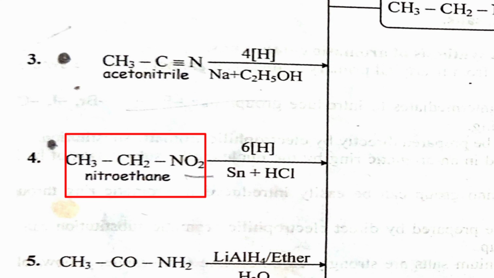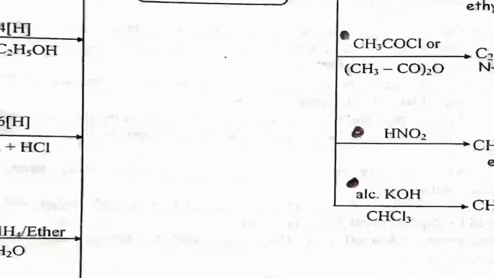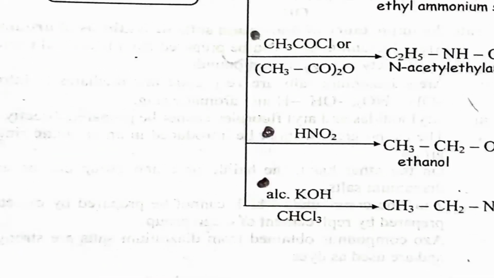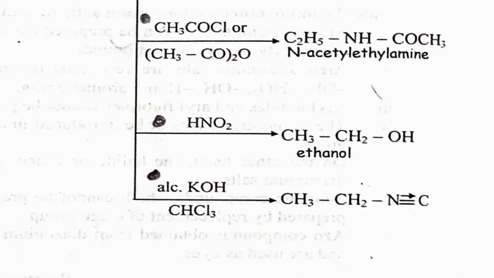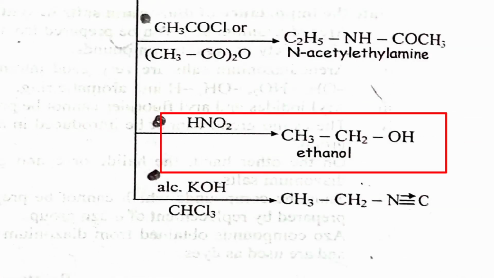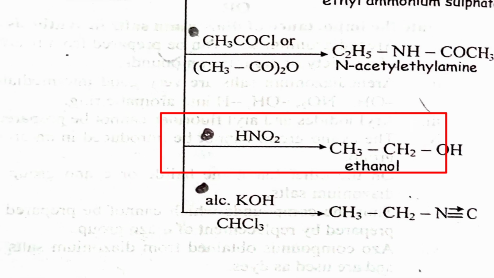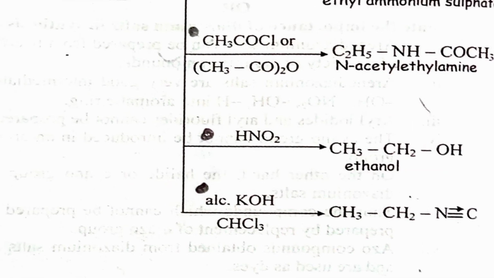Again, in the chemical reaction with nitrous acid, this is also the same reaction in aliphatic as well as aromatic amines, and we can analyze what the final product will be.